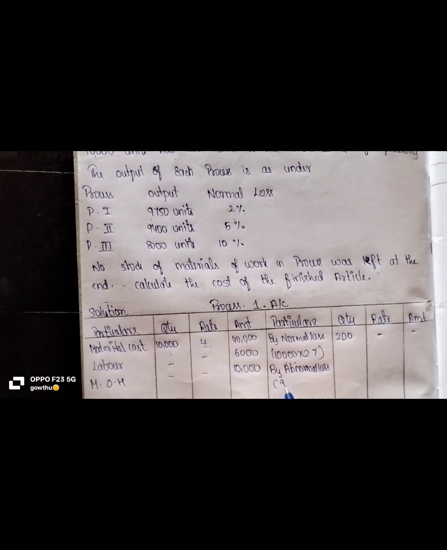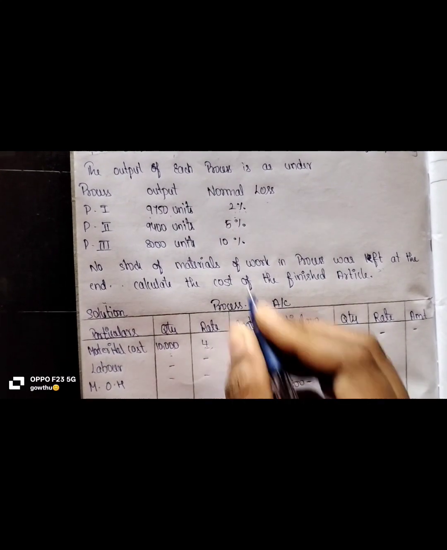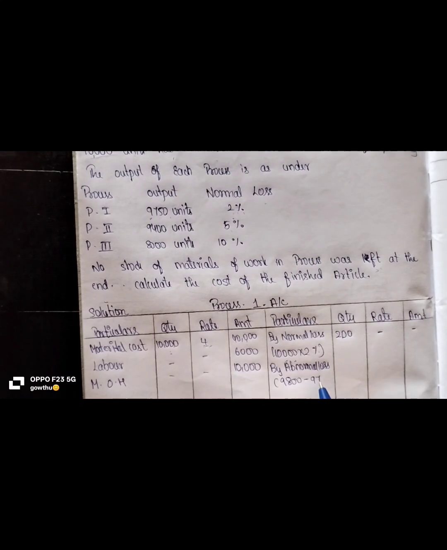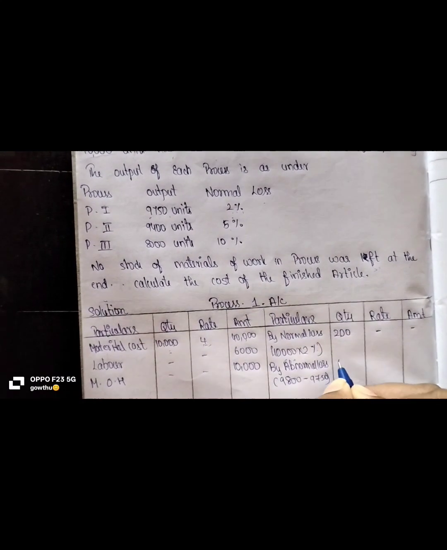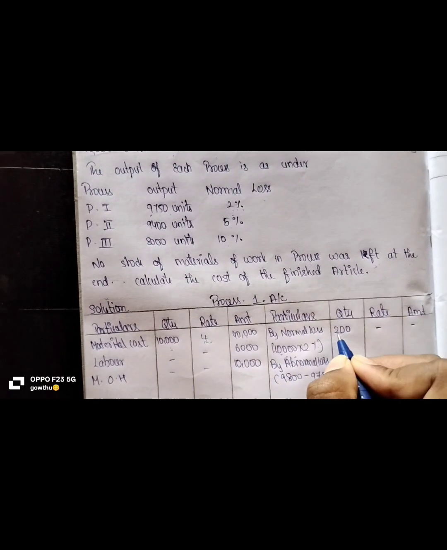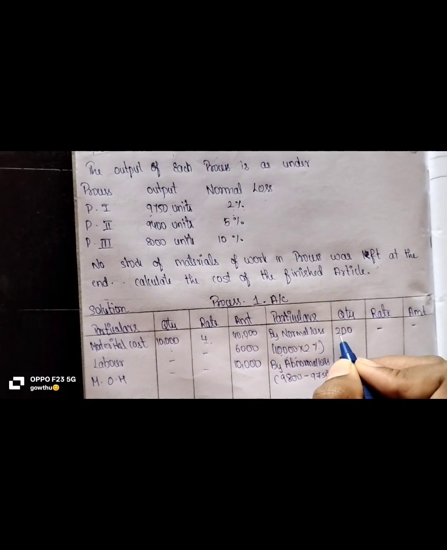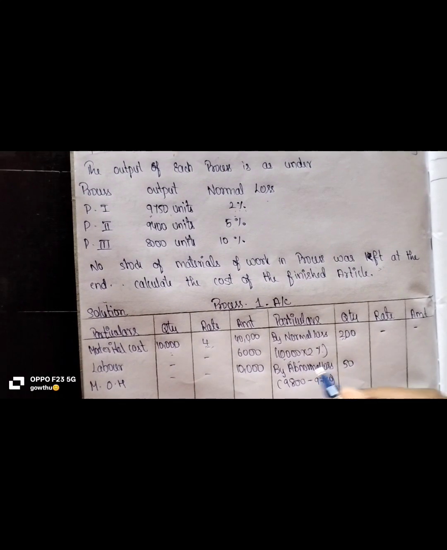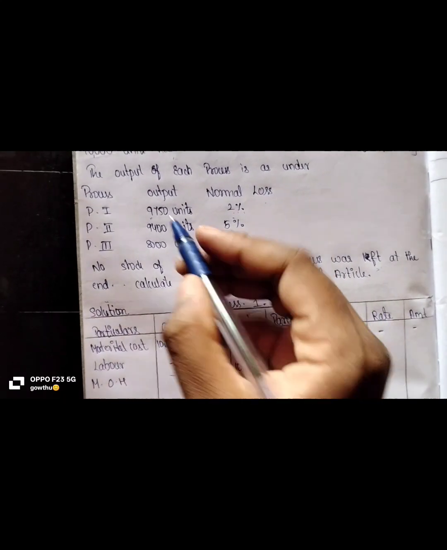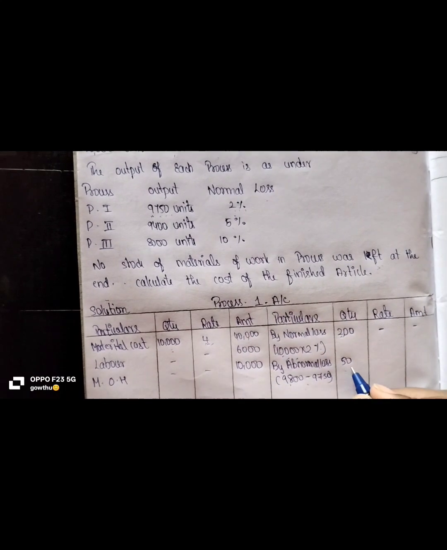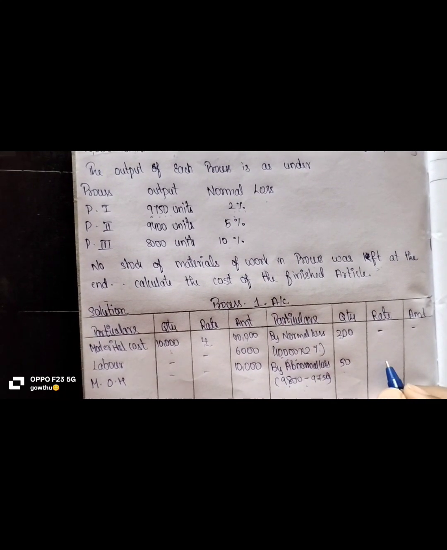This 9,800 minus 9,750, we will get 50. I will repeat it again. 10,000 minus 200, normal loss, we will get 9,800. Minus 9,750, we will get 50. Here we have to calculate the rate.